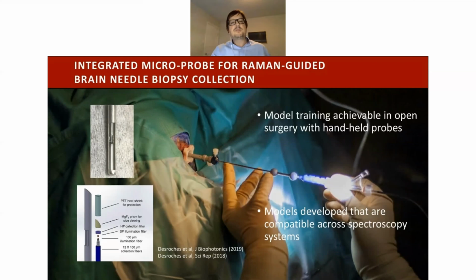But then if you want to develop an approach where you will guide, for example, the collection of biopsy specimens in the brain, it could be very tedious to have to train a model using a needle like this one. So you can use the same model you've developed with a NL probe during surgery to then ensure that a sample during needle biopsy would be collected in the tumor, for example.